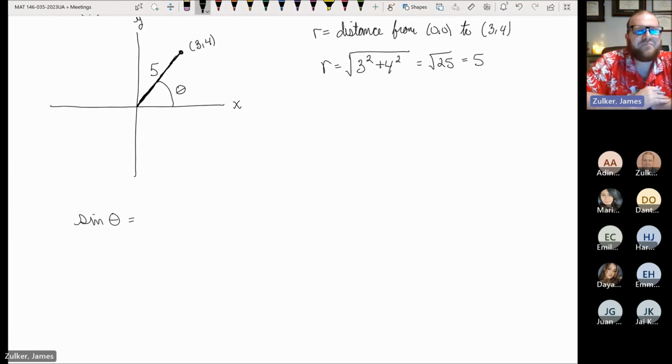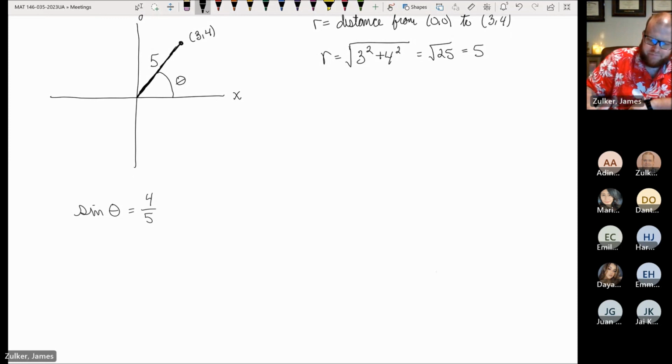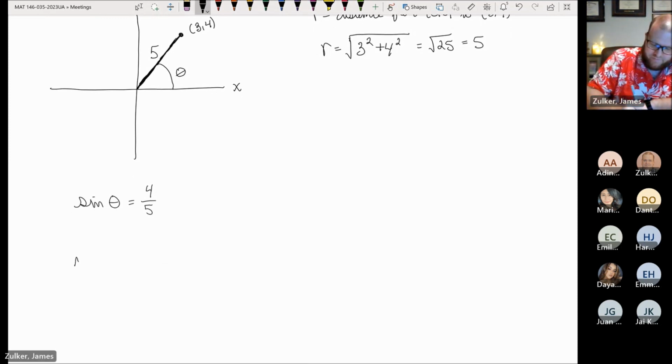Sine of theta is y over r. Cosine is x over r.